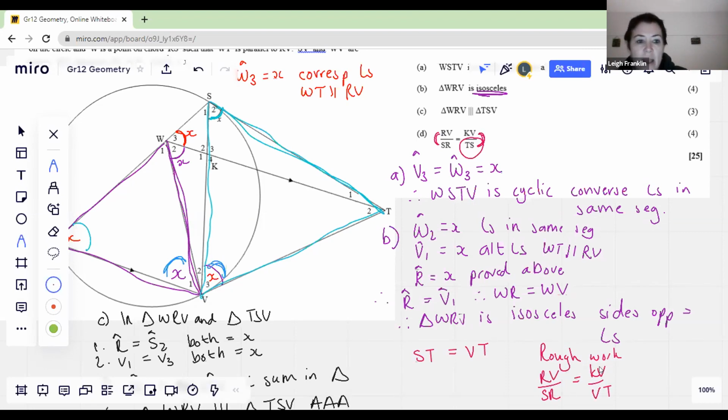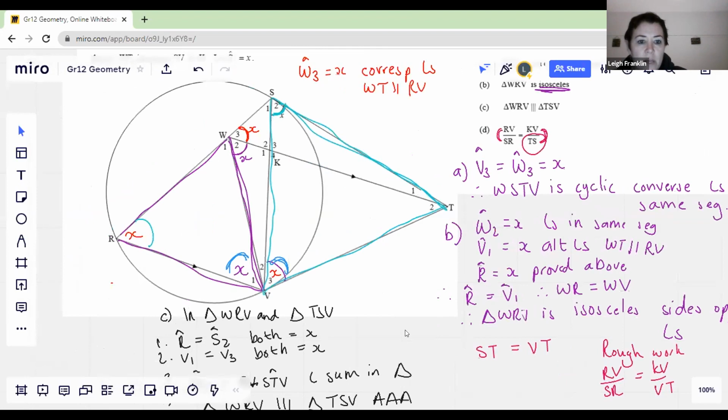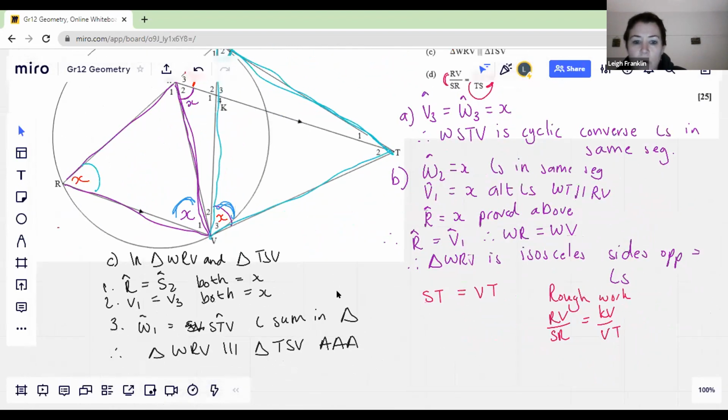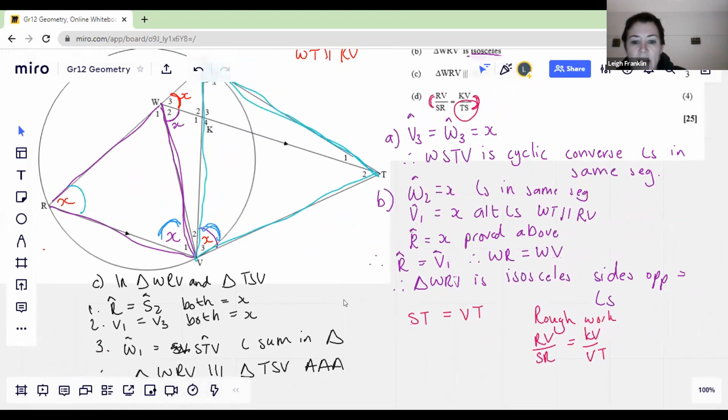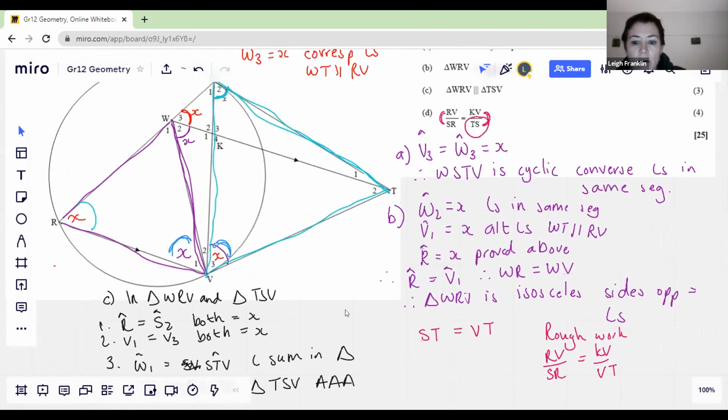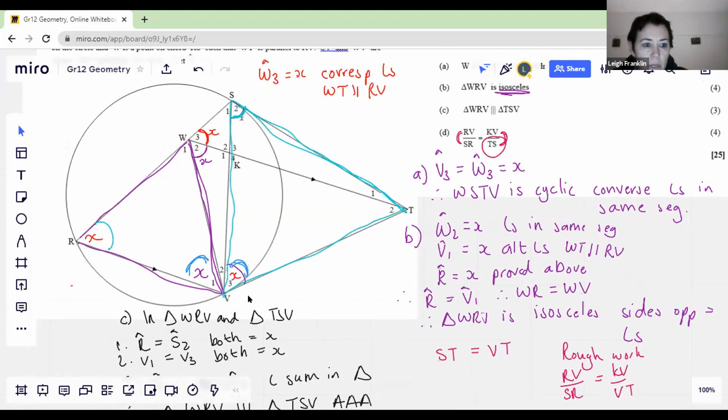Is RVK a triangle? No. So that still didn't work. Let's try: is RVS a triangle? RVS is a triangle.